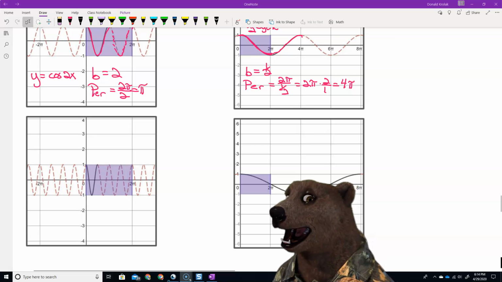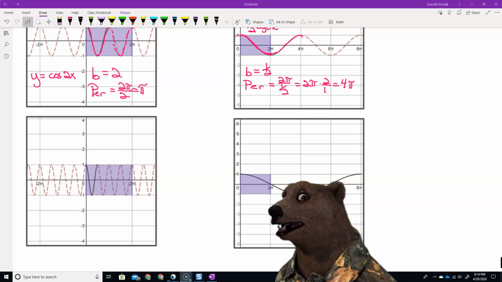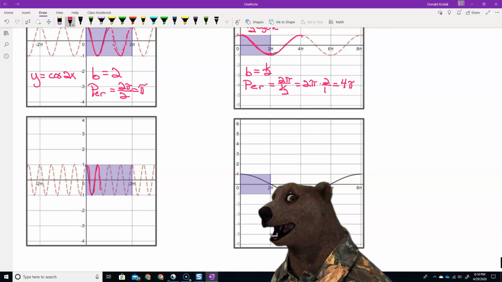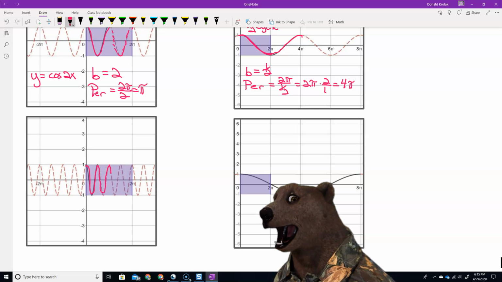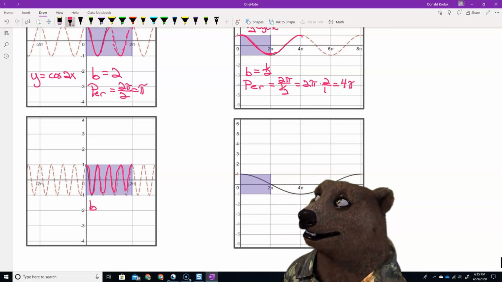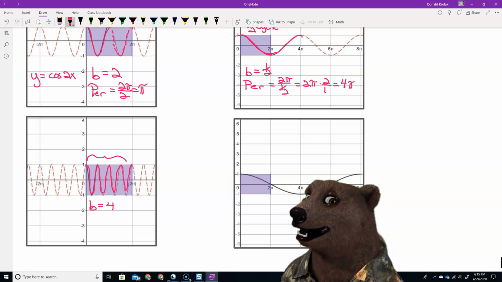Okay, now over here, I see there's 1 cycle of cosine, 2 cycles, 3 cycles, 4 cycles. So b is 4. Between 0 and 2 pi, I see 4 cycles.